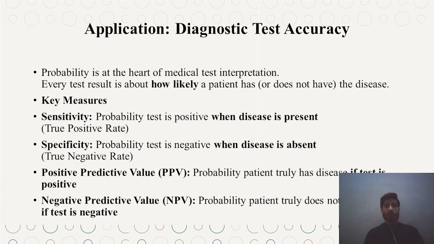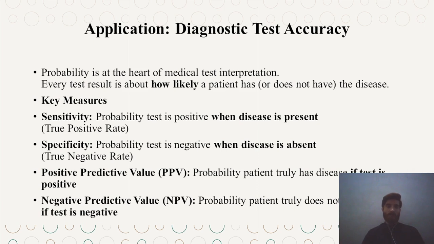Sensitivity is the probability that the test is positive when disease is present. Sensitivity gives us only the positive tests, but how many of the positive tests actually have the disease is the work of probability.